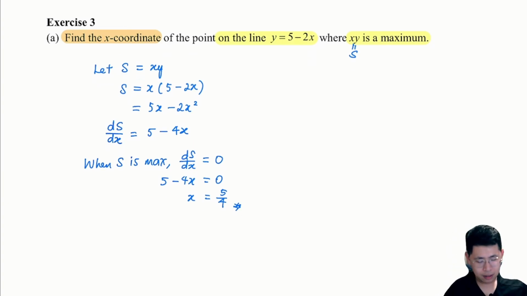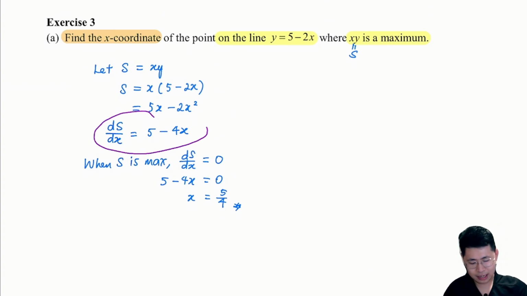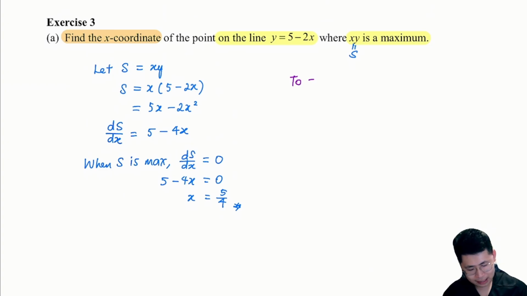Okay. Now, ideally speaking, what you also need to judge is the amount of marks. Ideally speaking, we should be testing whether it is a maximum or not, right? To test whether it is maximum or not, we'll need to do the first or second derivative test for this, right? So to test the nature, up to you.